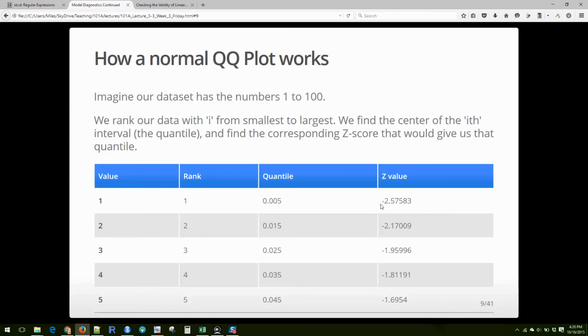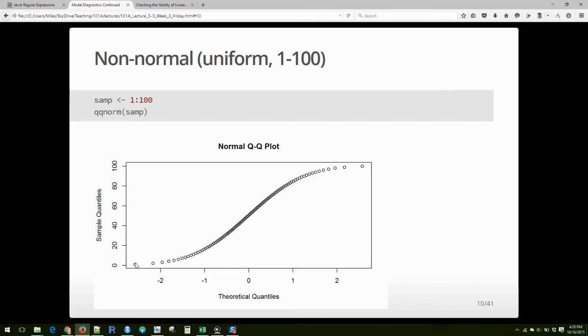So our first one is negative 2.575, the next one is negative 2.17, and here is negative 1.96, essentially. We see those are plotted, and these are plotted just against the numbers 1 through 100.